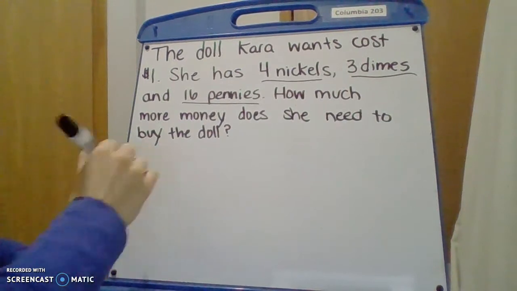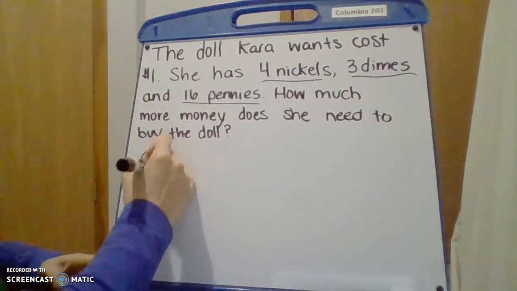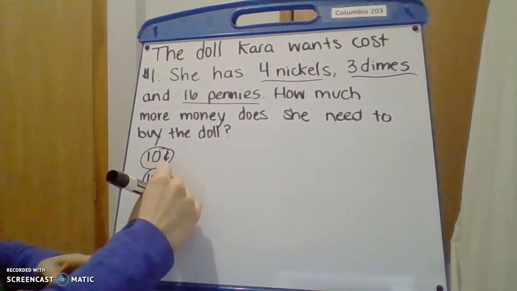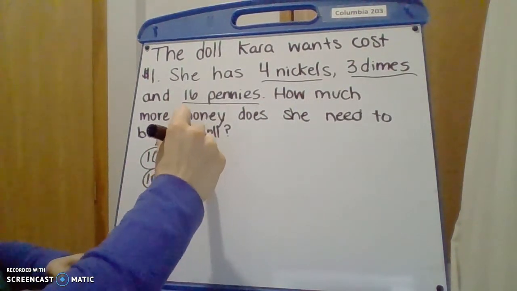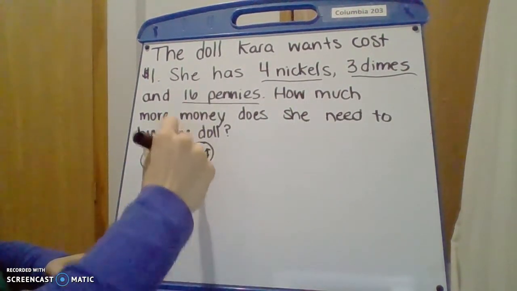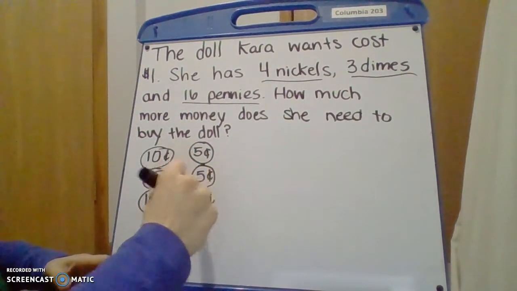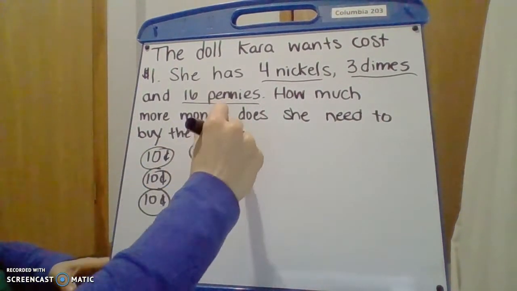It's just going to help you when you count. So I'm going to draw 3 dimes. And I'm going to draw 4 nickels. And 16 pennies.